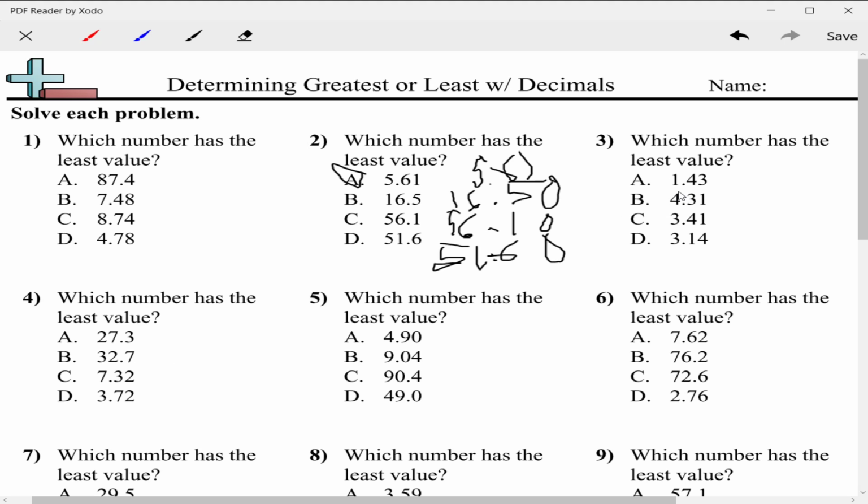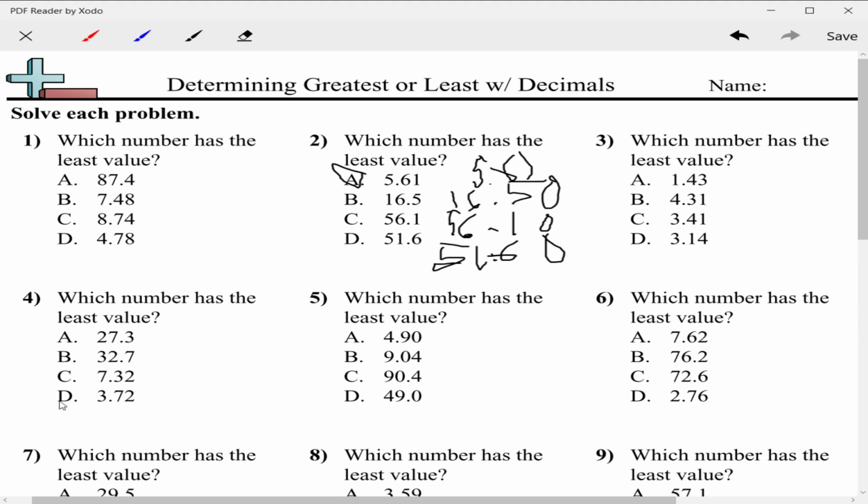So really, when you're comparing numbers, you should just go to the biggest place value that there is. In this case, it's the ones. In this case, it would be the tens in number 4. So it's 27.3, 32.7. Obviously, those are larger than 7.32 or 3.72, right?